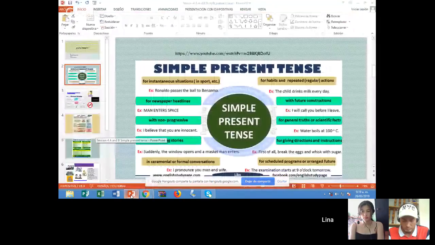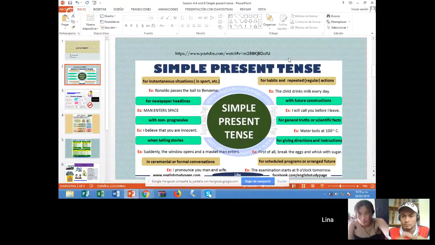Okay. So, like we saw in the video, we use it for some situations. The verb has to be in the regular form. For example, here, Ronaldo passes the ball to Benzema. Here we use in the third person the es, okay?